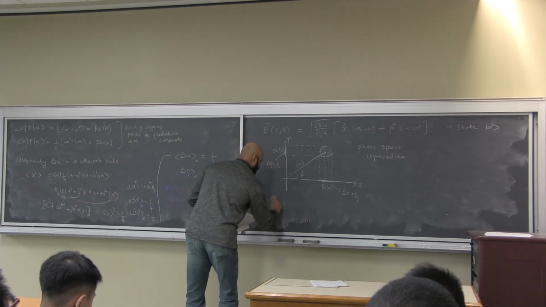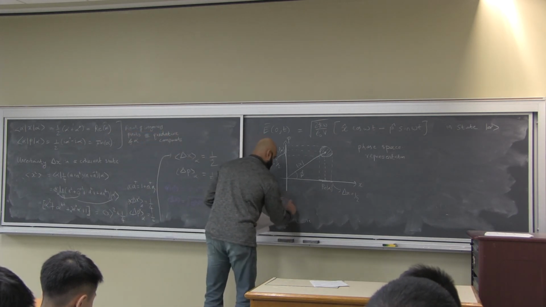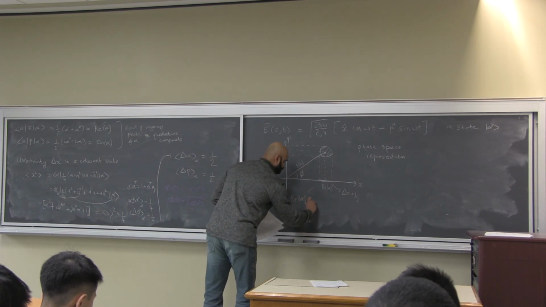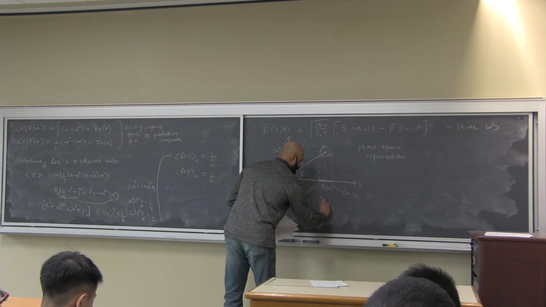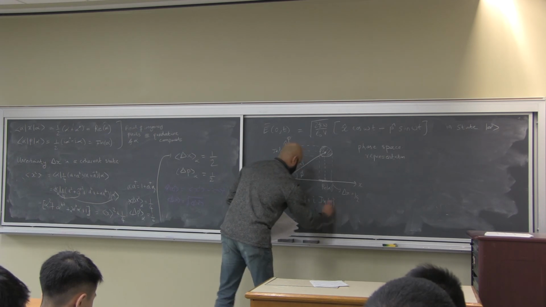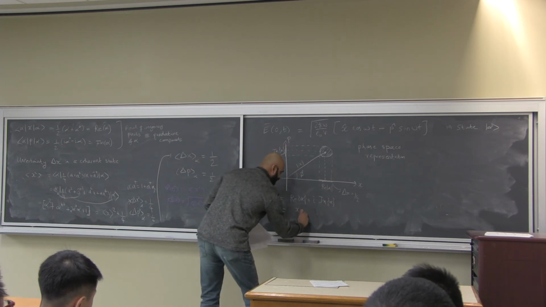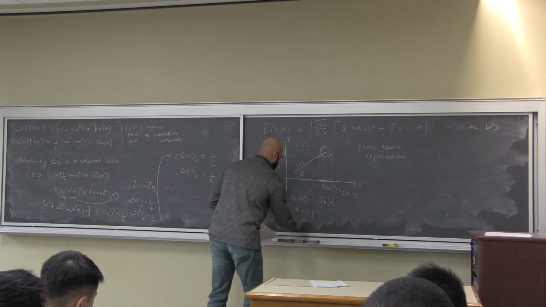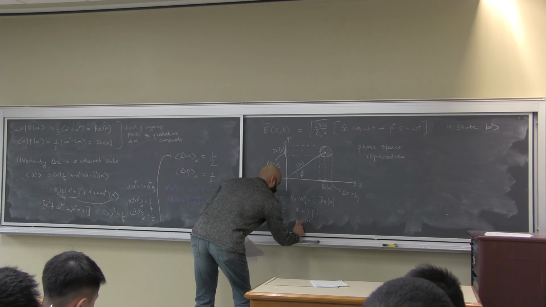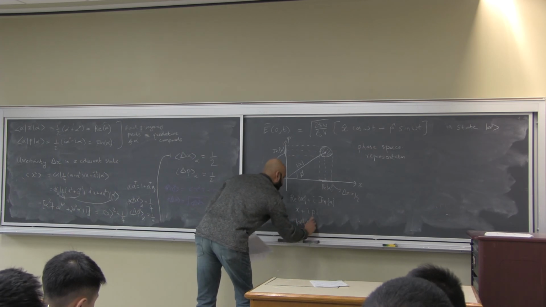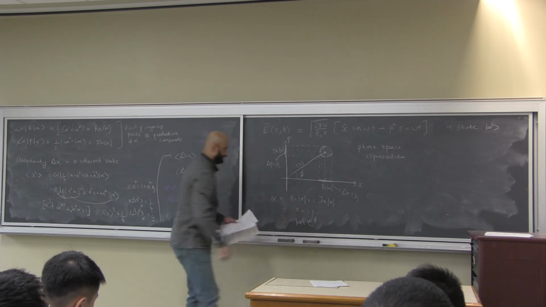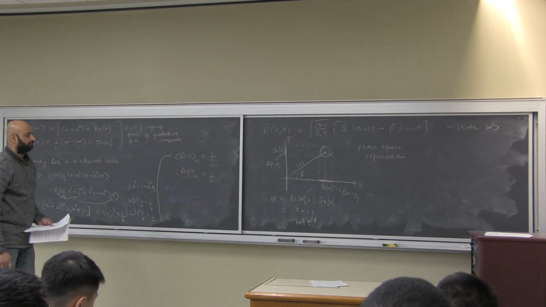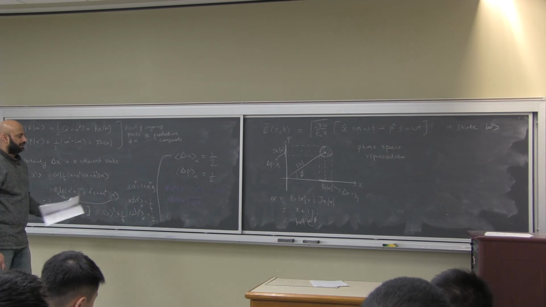So alpha can be written as either the real part of alpha plus i times the imaginary part of alpha, which is equivalent to x plus iP, and is also equivalent to the magnitude of alpha times e to the i phi. All of these are equivalent ways of writing the state alpha, the eigenvalue alpha.